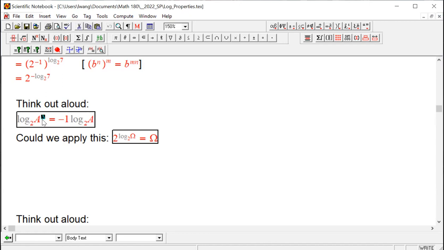So this is going to be -1. And what's capital A? Capital A is 7. You see that? And the -1 times that, you can just remove the negative sign. So the power part is really equal to this piece. So on the next step, I'm going to write it as 2 raised to the power of this piece.